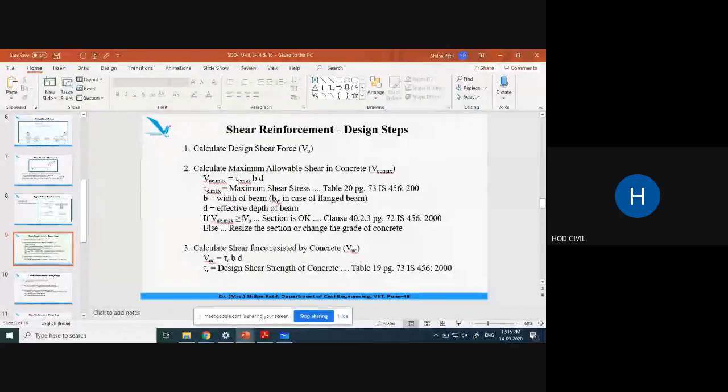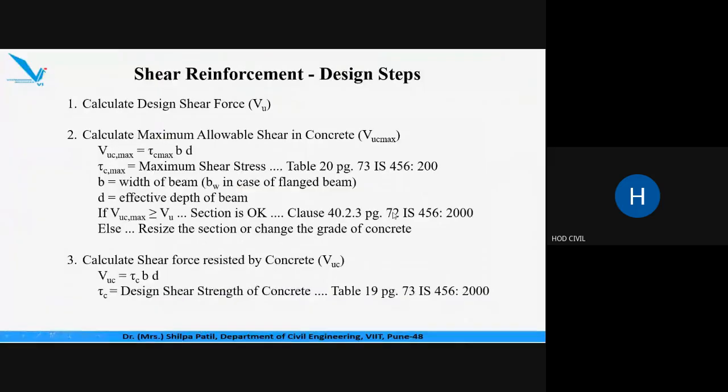Okay, these steps, right? Here there is a correction. VUC max should be greater than VU. Last time when I explained, this value was less than VU. Am I right? Yes, ma'am.